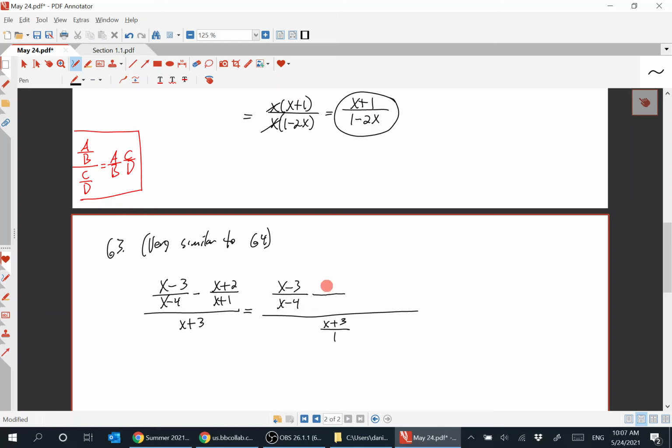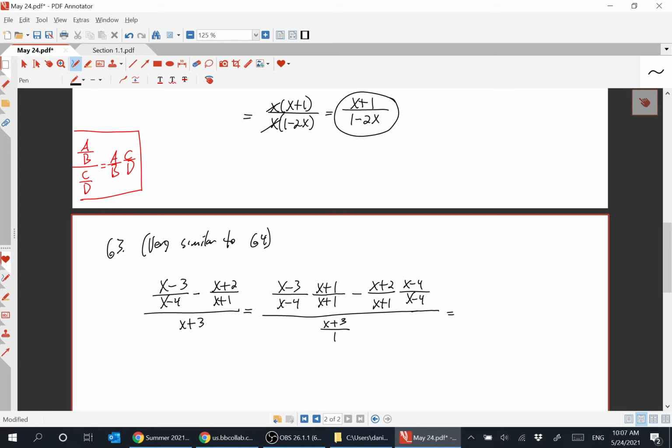Same thing on the top and bottom: x plus 1 over x plus 1. And then this one is going to get multiplied by what, to get this x minus 4 factor on the bottom? x minus 4 over x minus 4. Good.